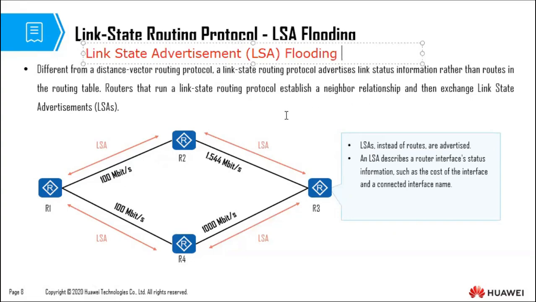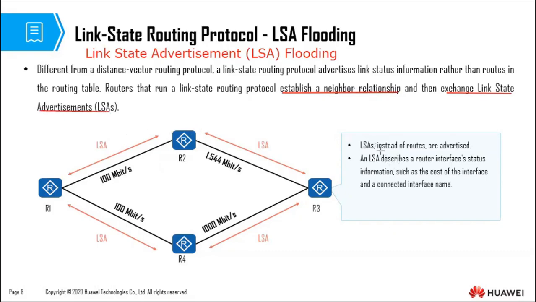How does this happen? First, the routers establish a neighbor relationship. We're going to see how. After establishing the neighbor relationship, they go ahead to exchange link state advertisements, LSAs.